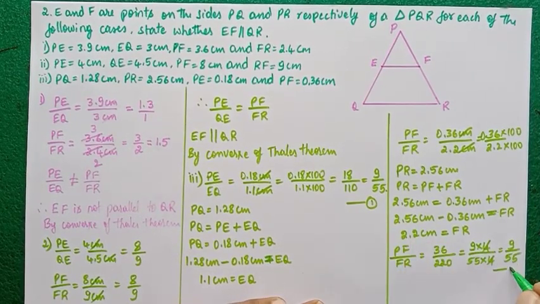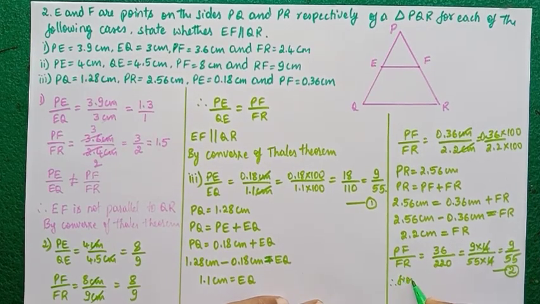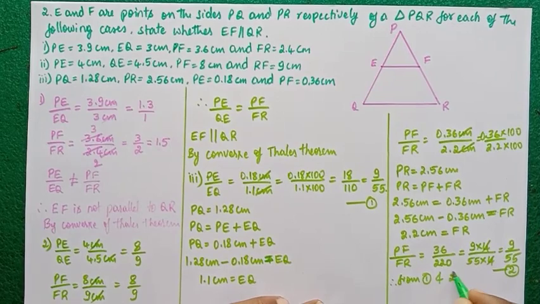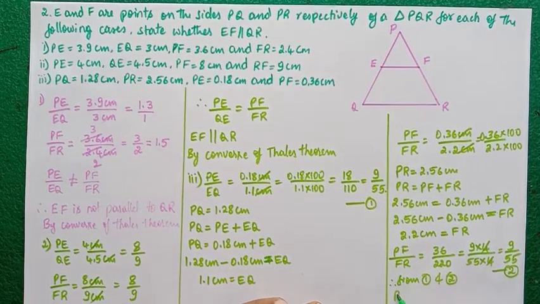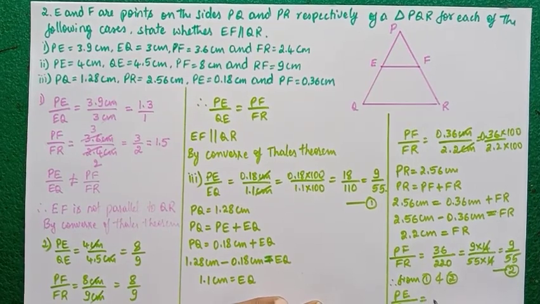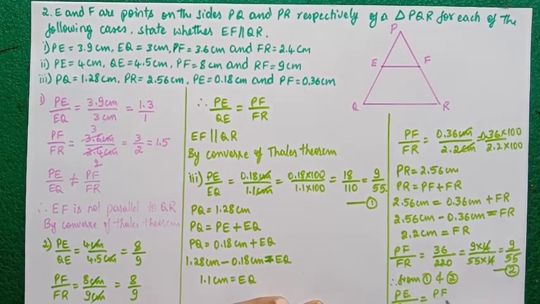Let this be 1, let this be 2. Therefore, from 1 and 2, we can write that PE by EQ is equal to PF by FR.